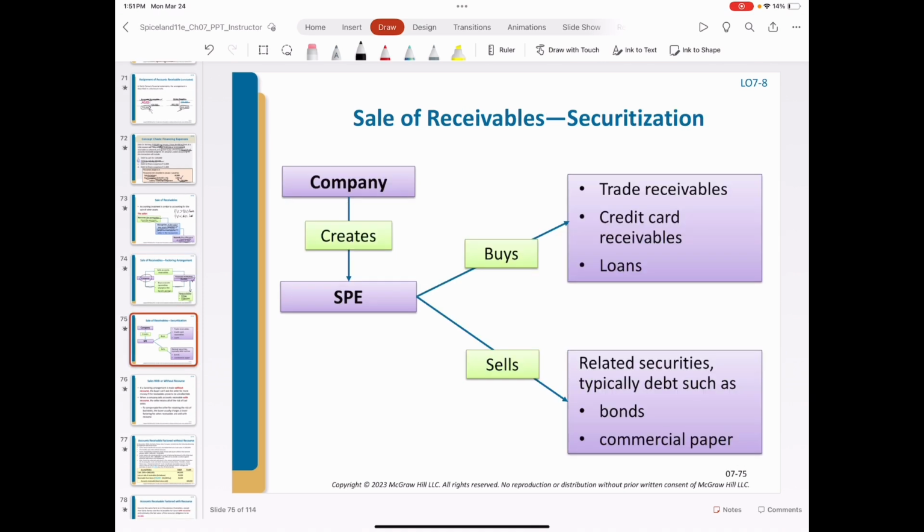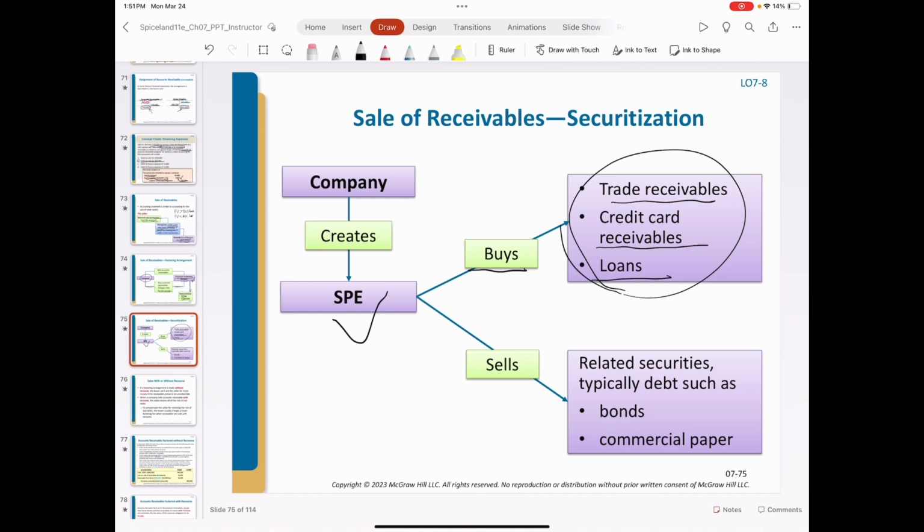Another example of sales of receivables is securitization. The company creates an SPE, special purpose entity. The entity buys the receivables, credit card receivables, loans from the company. Because these receivables are assets, they can generate interest as a return.